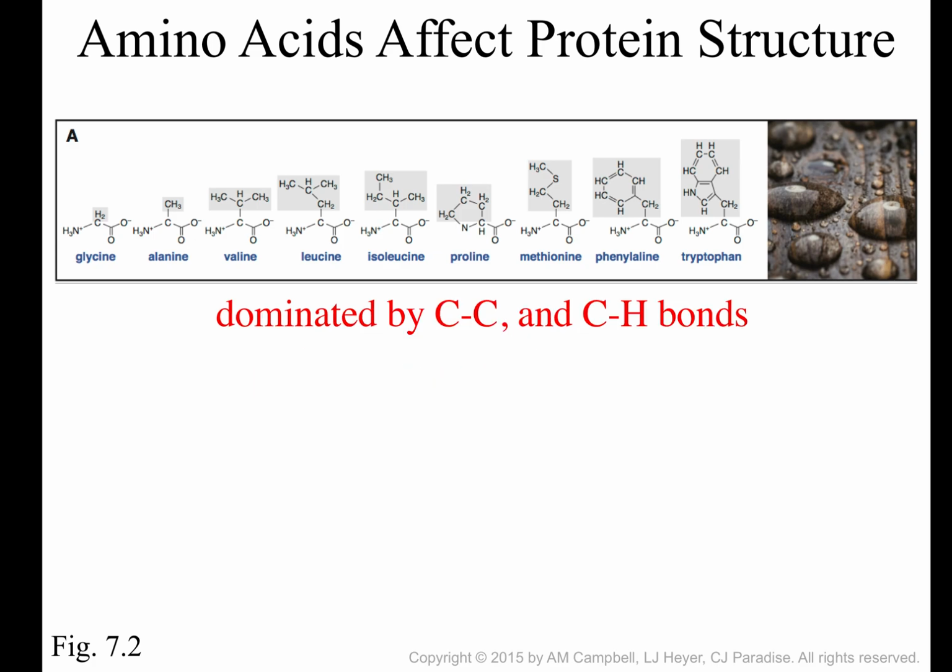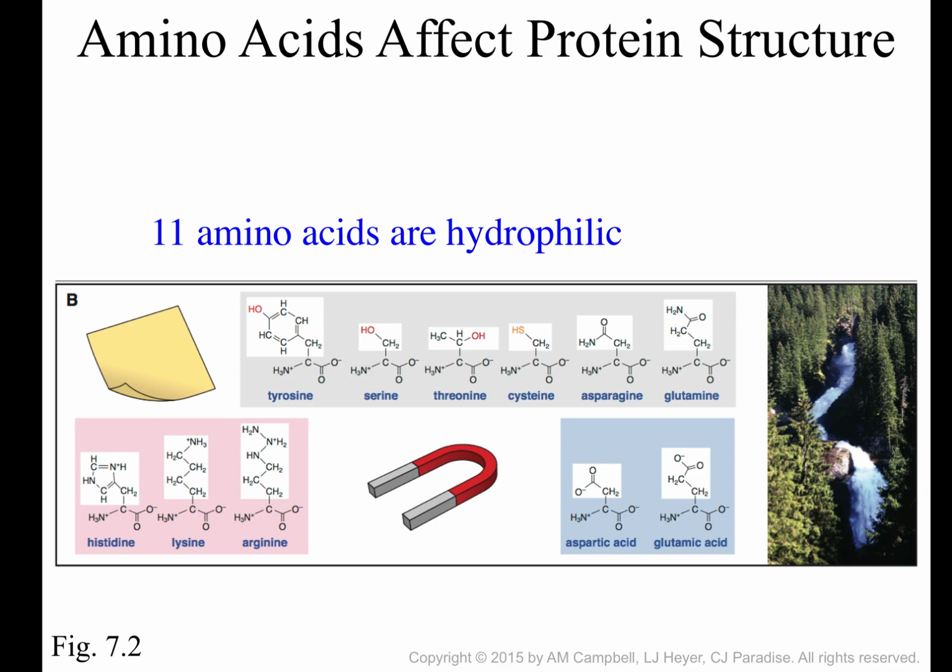Okay. There are other side groups, this time in a white box, that are hydrophilic. They like water. So they will tend to go toward the outside of a protein. There are also charged amino acids, okay?